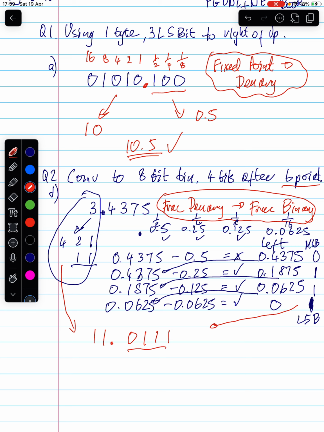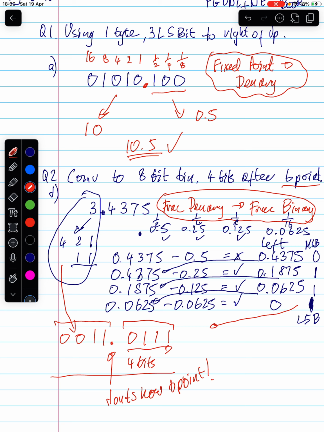So this is 4 bits after the binary point, and that means we need to pad this out. So we've got 4 here, 1 nibble, and then a 0, 0. So that's our final answer. Now remember, in our final answer we don't show the binary point, but I'm leaving it where it is just to show you. Okay, good.